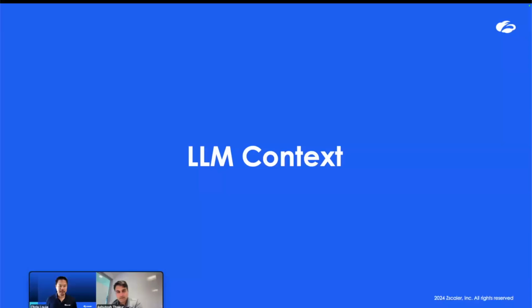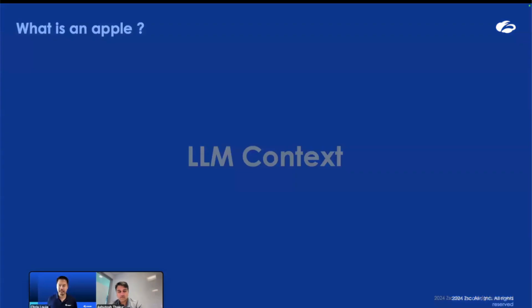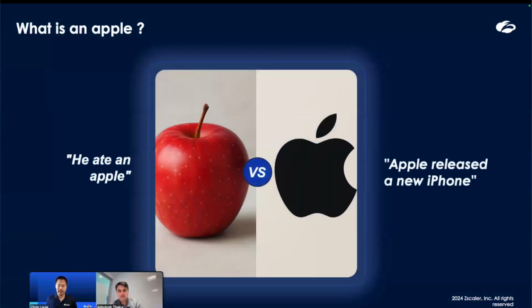Great. All right. Moving on to our last item here, LLM context. This is an interesting feature. When having conversations about data protection with customers, one of the things that I personally always say is, data protection is a journey. It's never a destination. And it's true because, for example here, "he ate an apple" versus "Apple Inc. released a new iPhone." The word Apple exists in both cases, but they mean very different things.